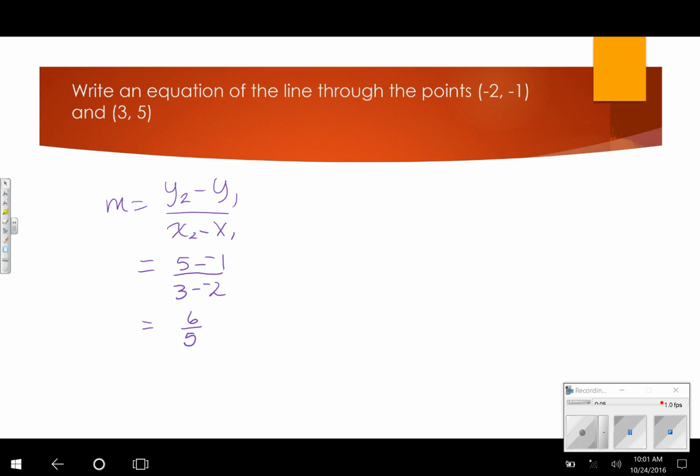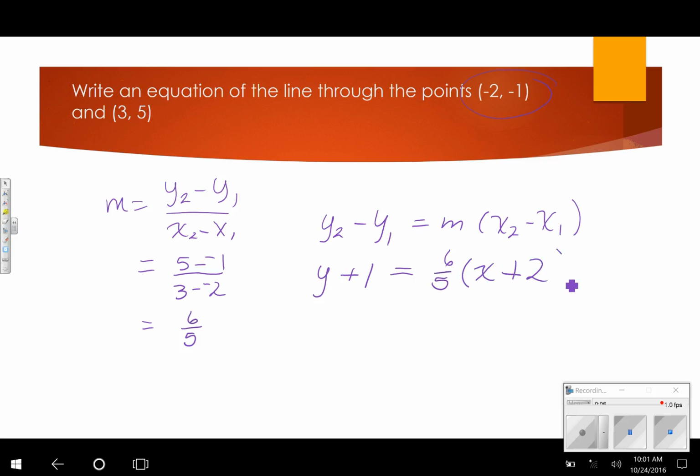And then I'm just going to pick the first point. It doesn't matter which one I use. So y minus y1 equals m times x minus x1. So y plus 1, because it's minus a negative, equals 6/5 times x plus 2, because it's minus a negative again. And there's your equation of your line.